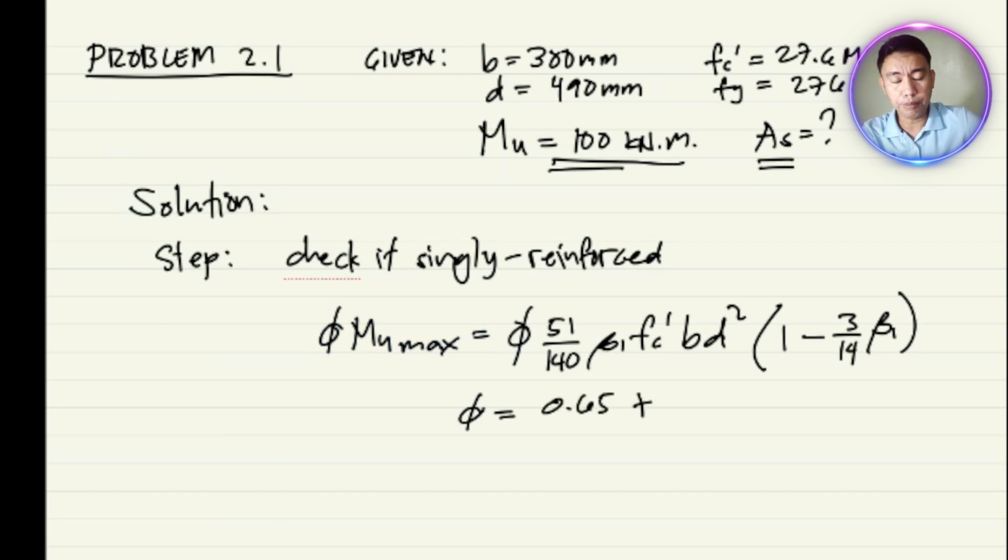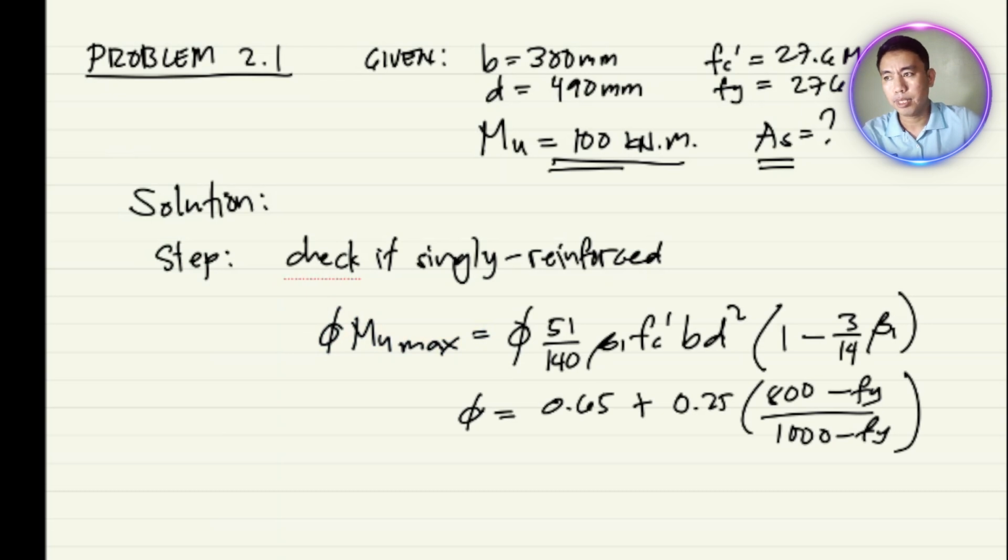If it is tension controlled, phi is 0.9; if compression controlled, 0.65. If maximum, somewhere between 0.65 and 0.9, we use the formula 0.65 plus 0.25 multiplied by 800 minus fy over 1000 minus fy, right?